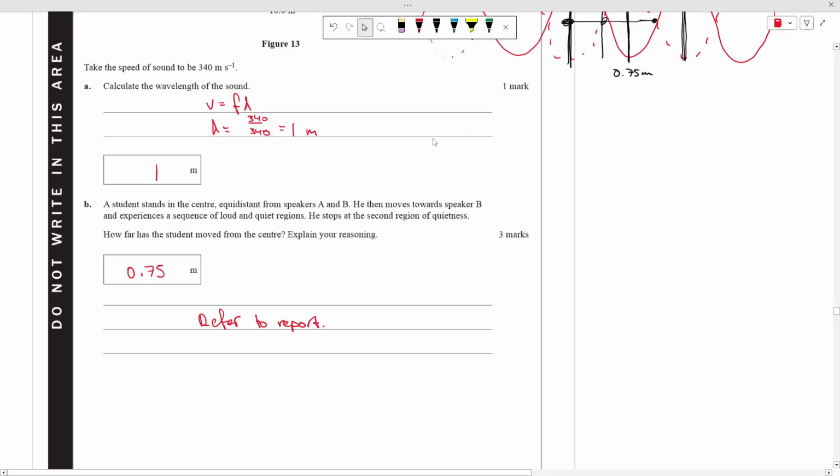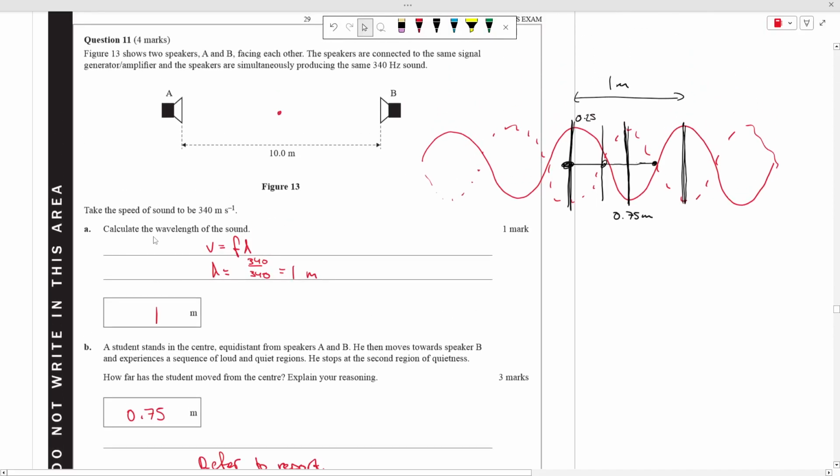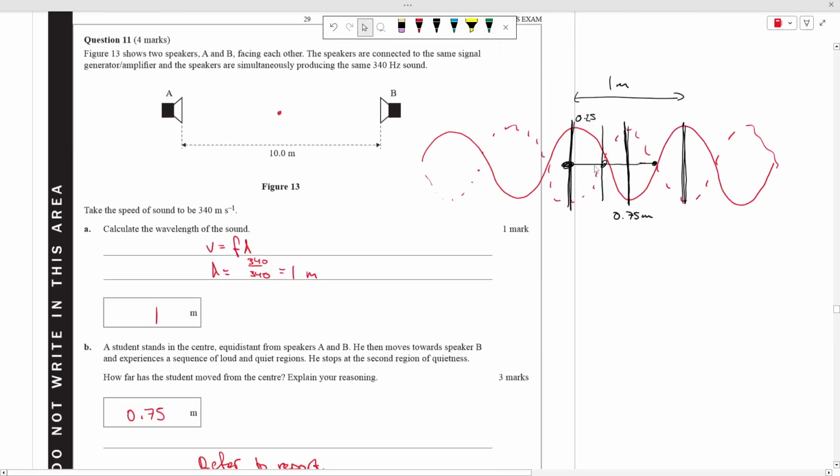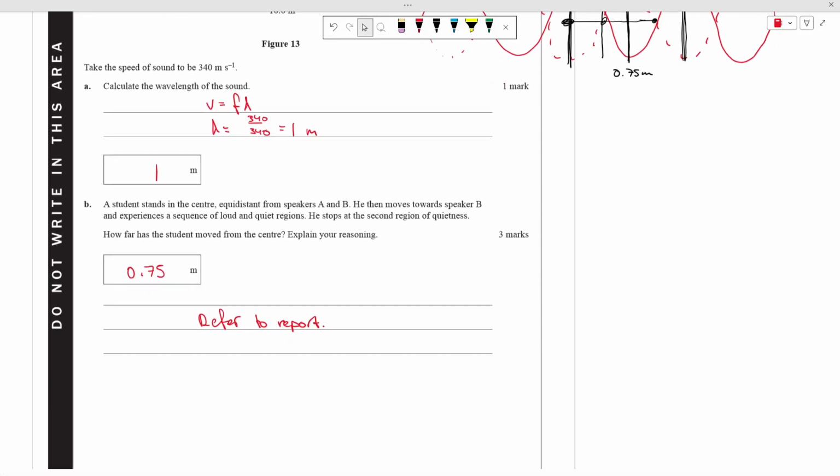Yeah, so the standing wave has a wavelength of 1 meter because that's the wavelength of the sound that's coming out of the speakers. And then, if you walk to the second quiet region towards B, you've walked 3/4 of a full wavelength, or 0.75 meters. Okay. Have a look at the report.